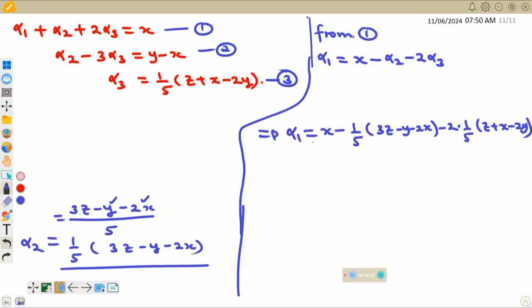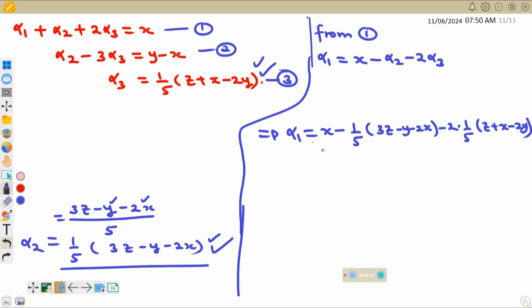So from equation number 1, we are in a position to obtain alpha 1. We have already got our alpha 2 and we already have our alpha 3. So from this we can make alpha 1 the subject, and we shall have it as x minus alpha 2 minus 2 alpha 3.